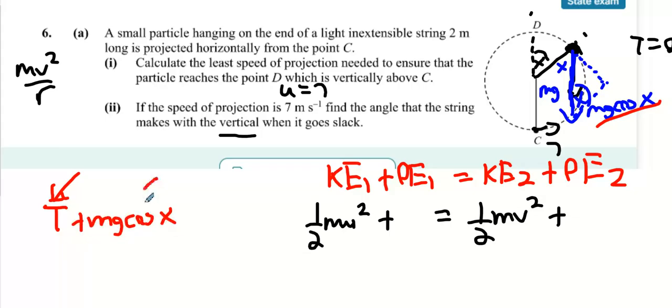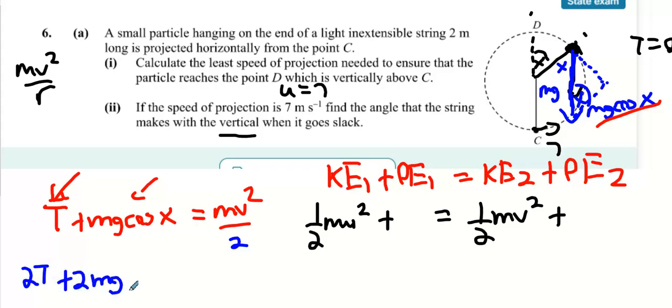Okay? And what does that equal? mv squared over r, but what do we know r is? 2. So technically speaking, it's 2t plus 2mg cos x equals mv squared.